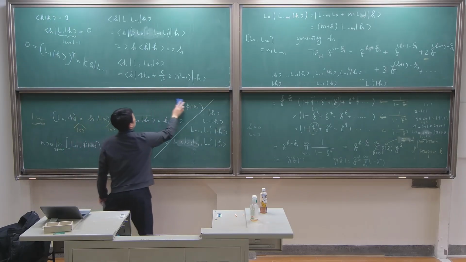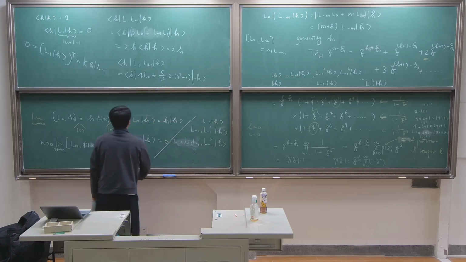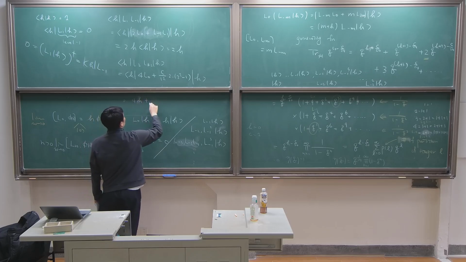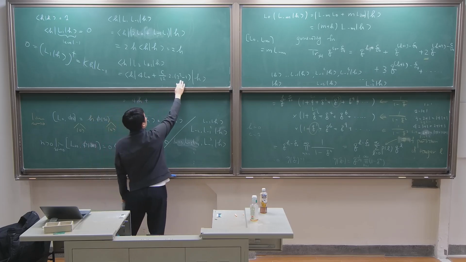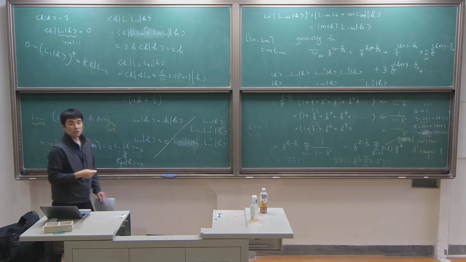Okay, so now there is a contribution from the central charge. And this is equal to 4H plus C over 2. Okay. So that's what you get.